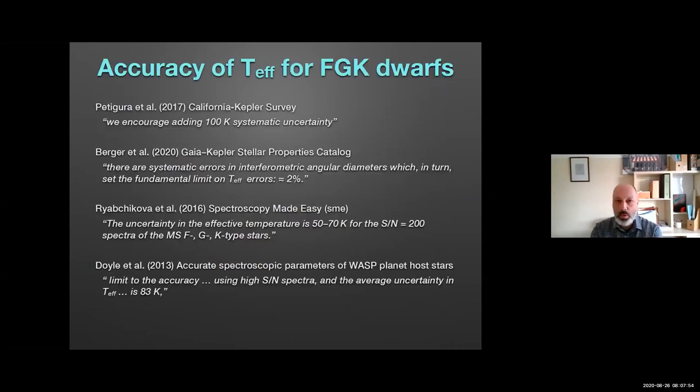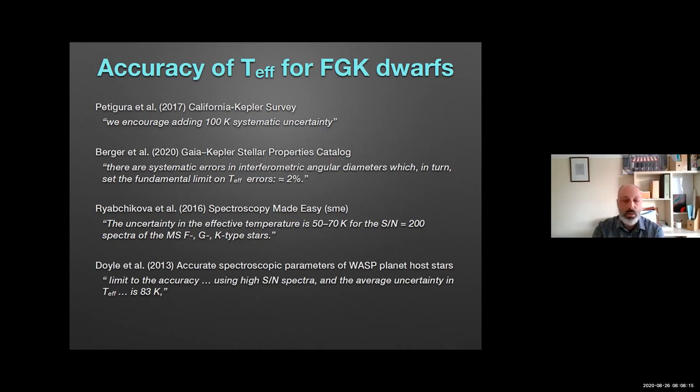I have been worrying about the precision and accuracy of effective temperatures for various reasons, and one of the things I've done recently is to review to what extent people trust the effective temperature scale. I've been concentrating on F, G and K type dwarfs.